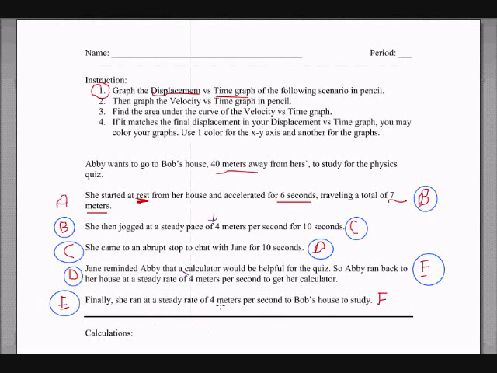So now, let's go on to our next section, and we're going to say that finally she runs at a steady rate of 4 meters per second to Bob's house. And Bob's house is 40 meters away. So she's now going to run to Bob's house. Bob's house is a distance of 40 meters, and she's running at a velocity equal to 4 meters per second. Now, do we say anything about acceleration?